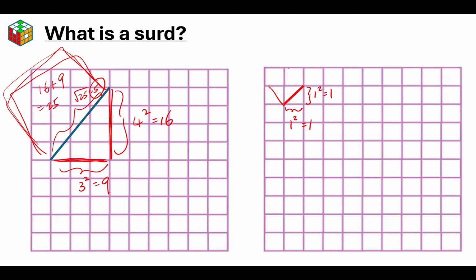If I want to make that a square, that will be 1 add 1, that means 2. The area of this part is going to be 2. Then the length of that diagonal is going to be root 2. Root 2, I cannot find any whole number times itself to give me the number 2. And that makes it a surd.